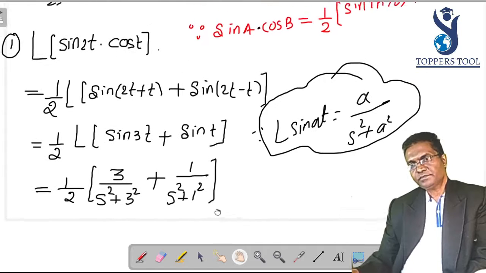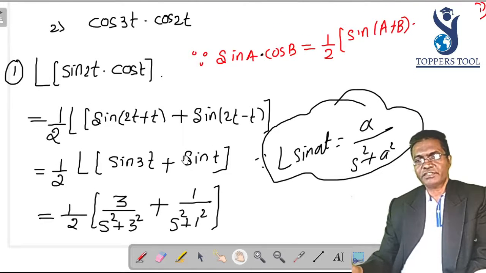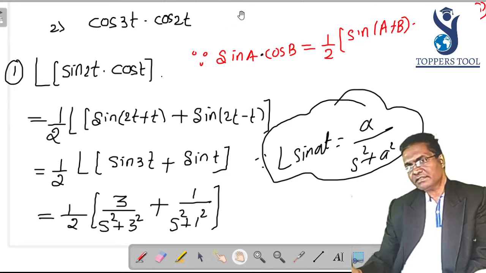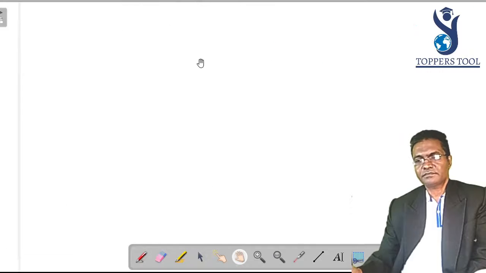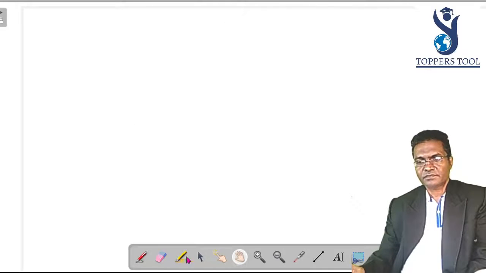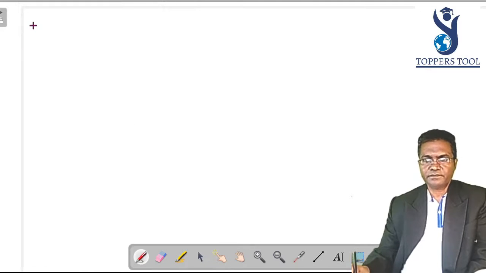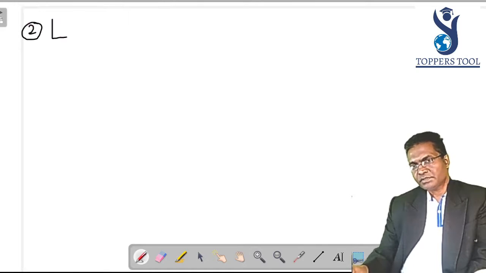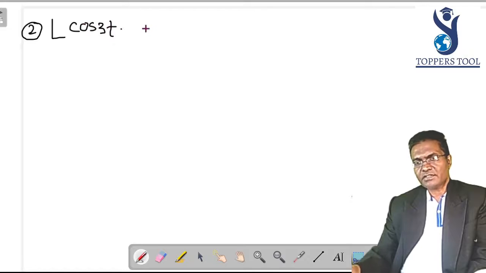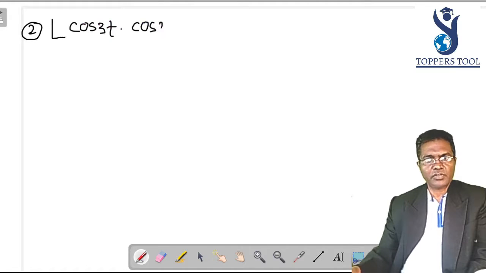Similarly, go for this cos 3t into cos 2t. So let's have the second one, L of cos 3t into cos 2t.